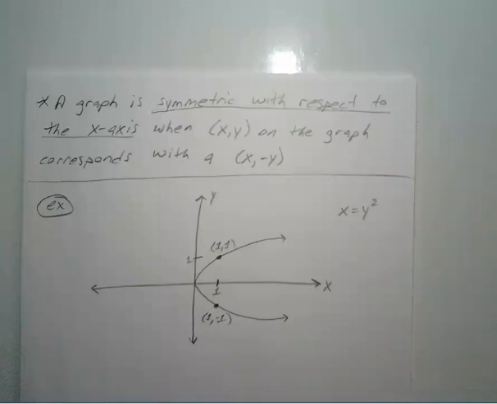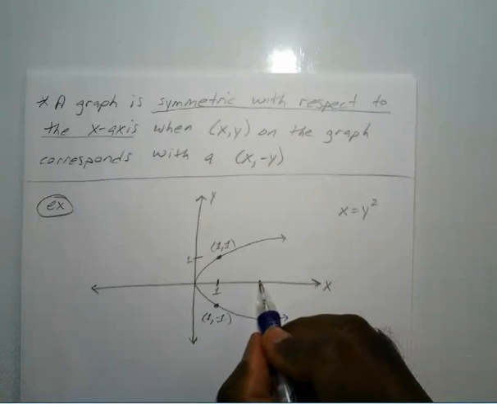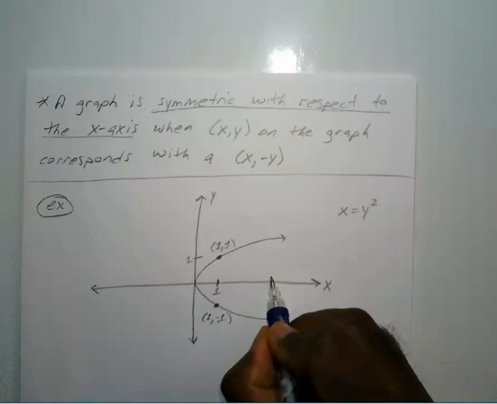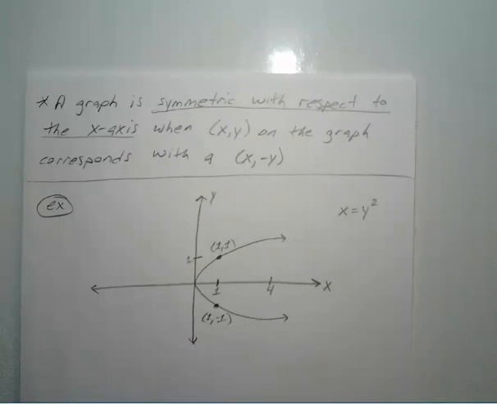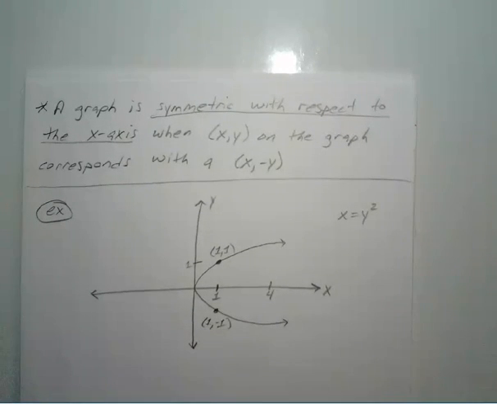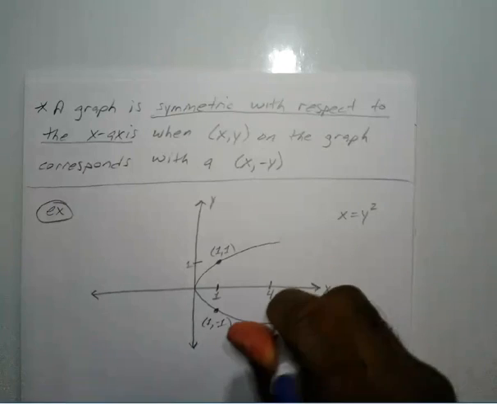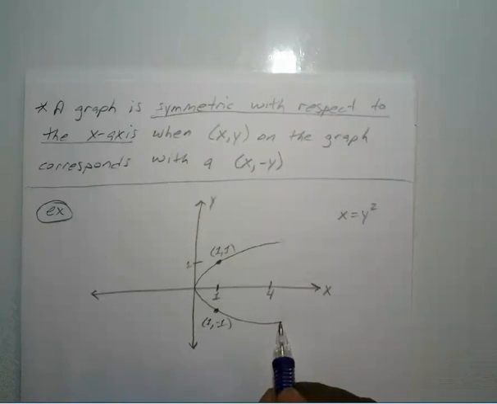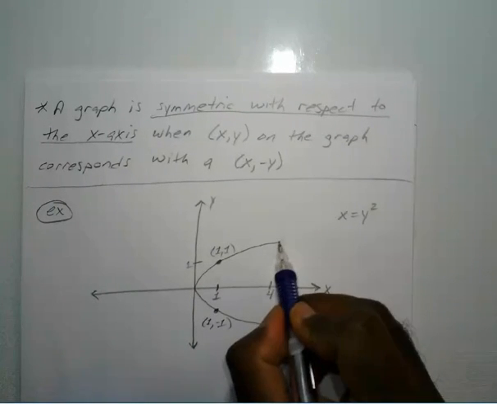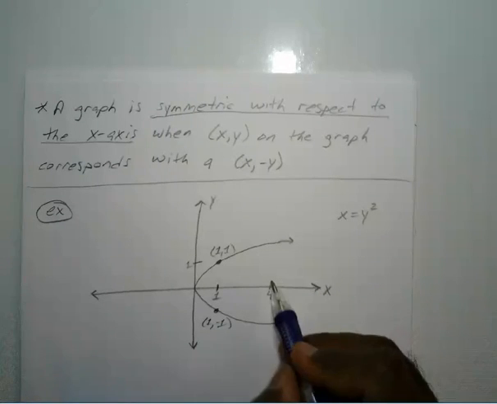What if we go down the line a little bit, and say x equals 4?